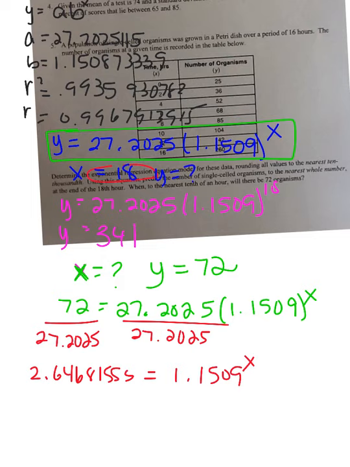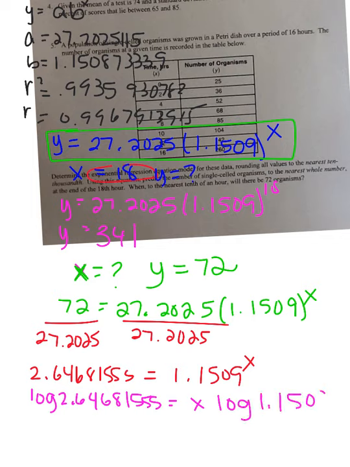And now you log both sides. So it's log 2.64681555 equals x log 1.1509. Divide both sides by log 1.1509.